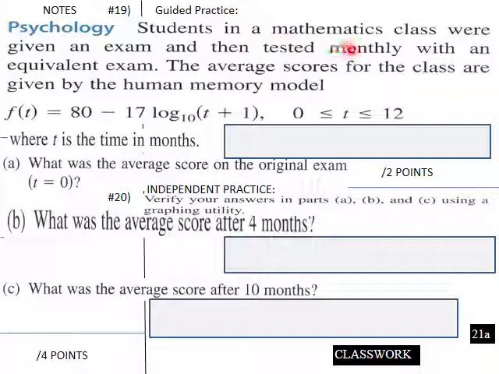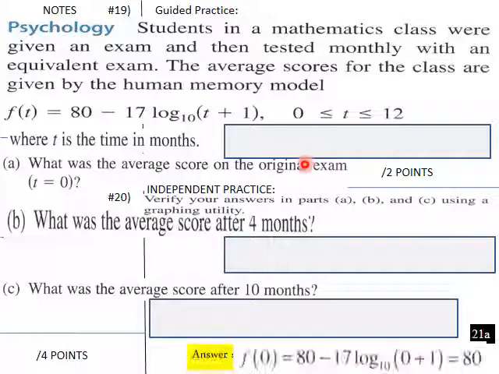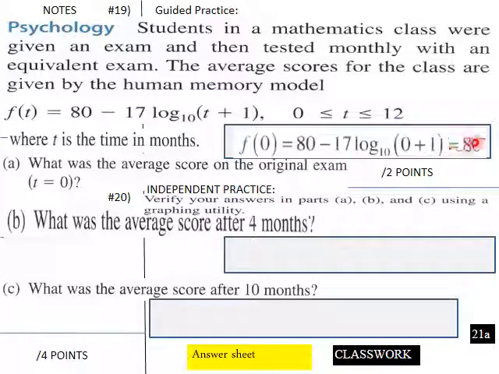Students in a mathematics class were given an exam and then tested monthly with an equivalent exam. The average scores for the class were given by the human memory model, where t is the time in months. What was the average score on the original? So for the original, it was an 80.